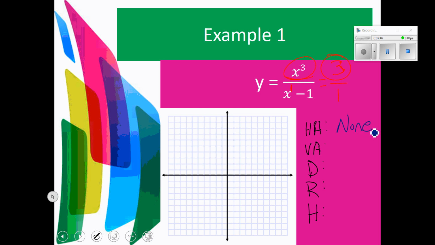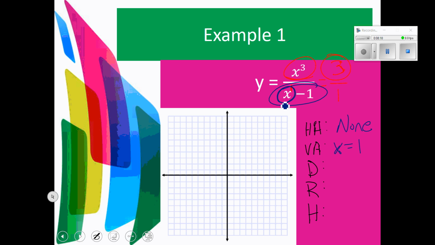Okay? Vertical asymptotes have to do with where it's undefined. Where is this undefined? What would x be? It's all what makes it equal to 0. We have a vertical asymptote at x equals 1, because if I plugged 1 right here, that would make that denominator 0. And that's where it can't be that.